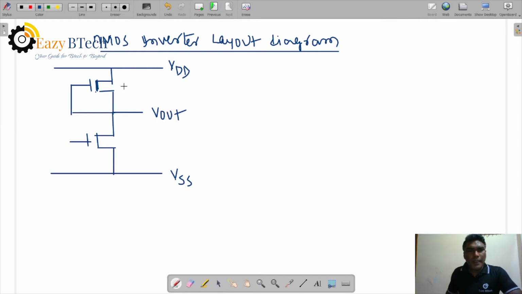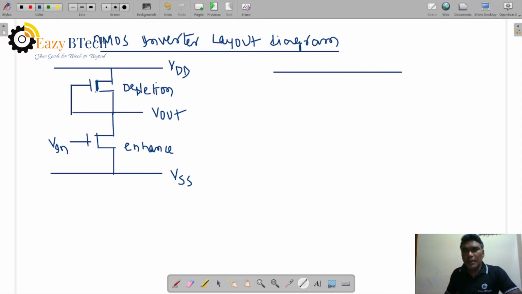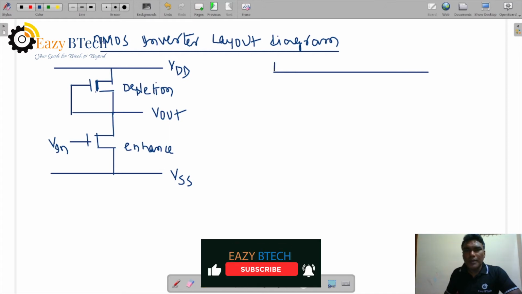So it is a depletion mode transistor, and an enhancement mode transistor. We are applying a V in here. So how can you draw the layout diagram for this? In the layout diagram, VDD and VSS are blue layer.